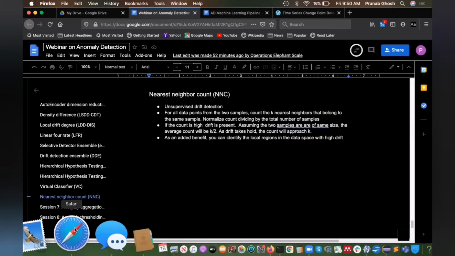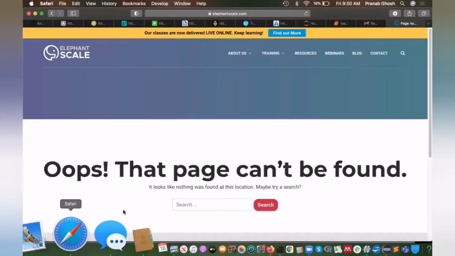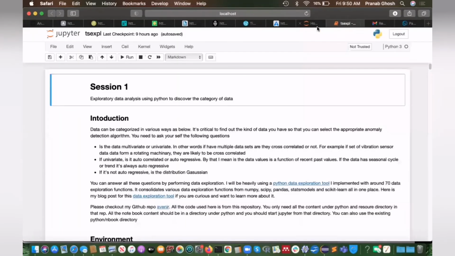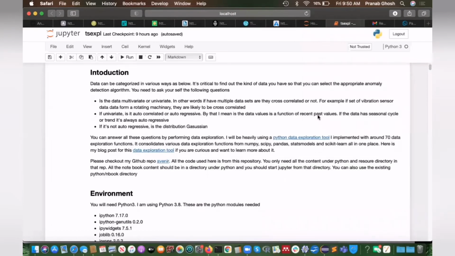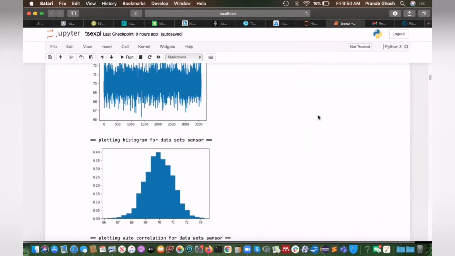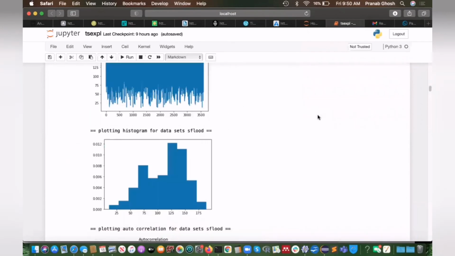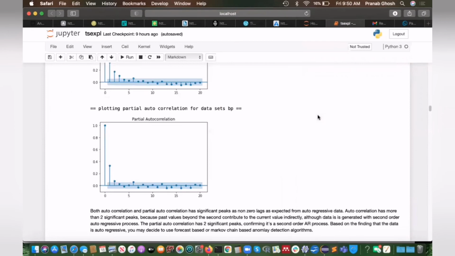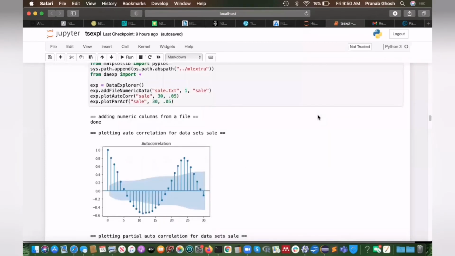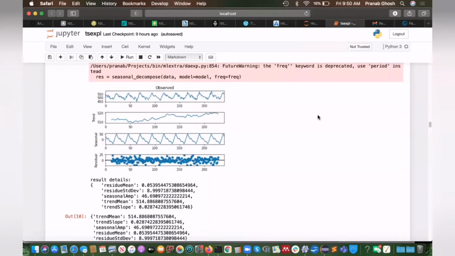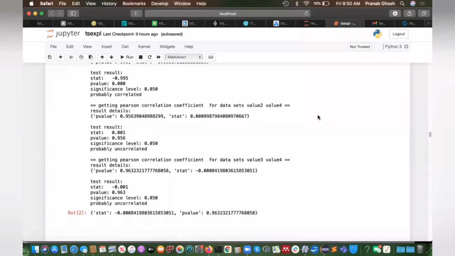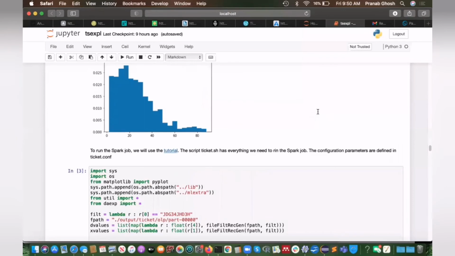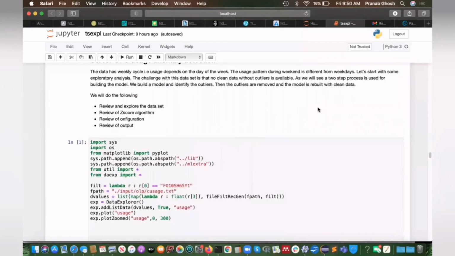So I'm going to show you some demo for this session. The first example is for unsupervised drift detection. We'll be looking at some hourly sales data, and that sales data has undergone significant drift.